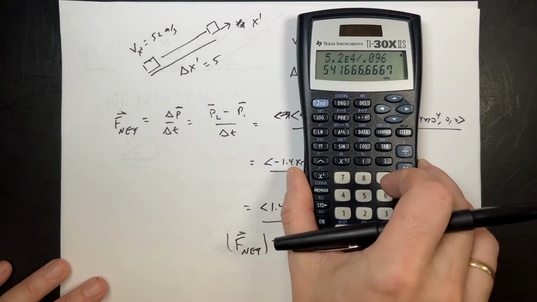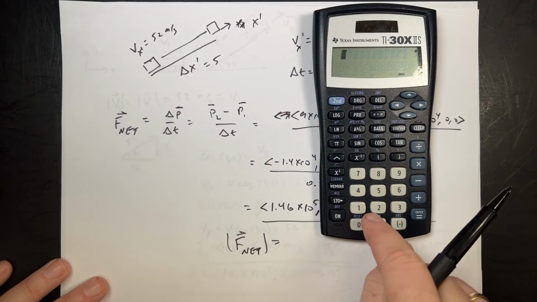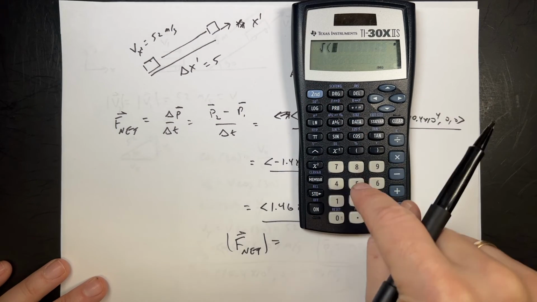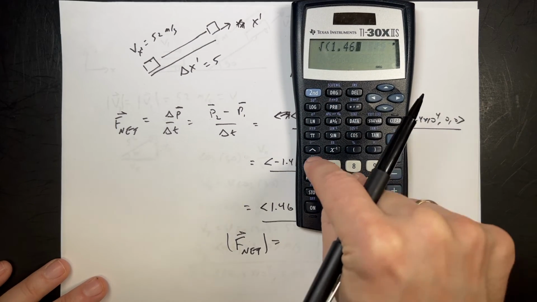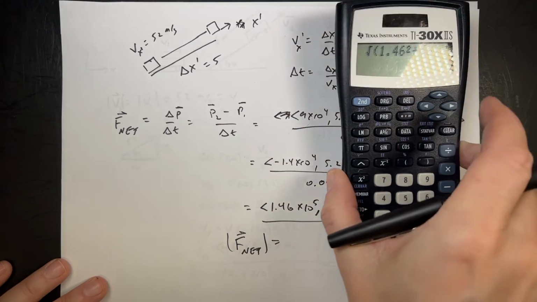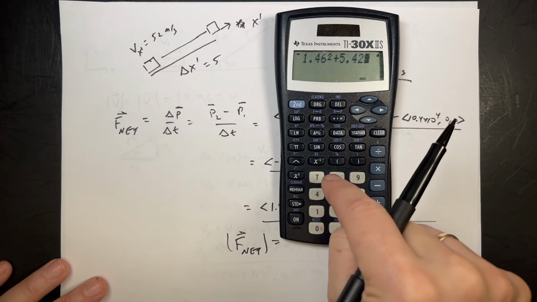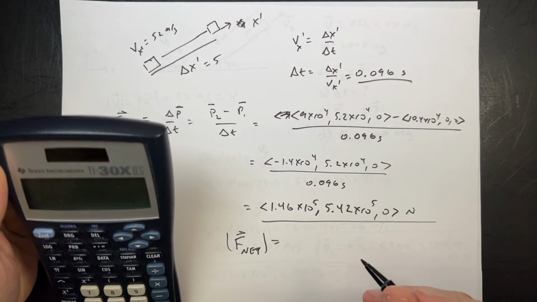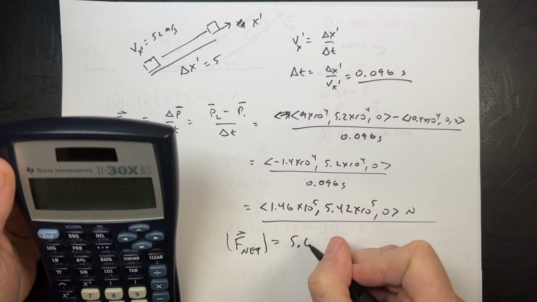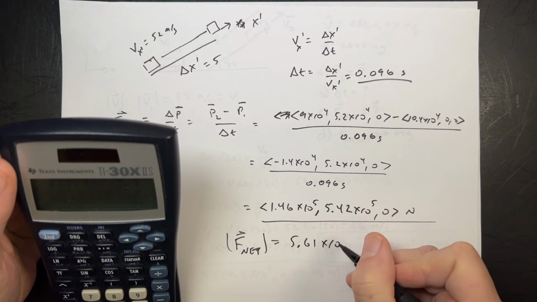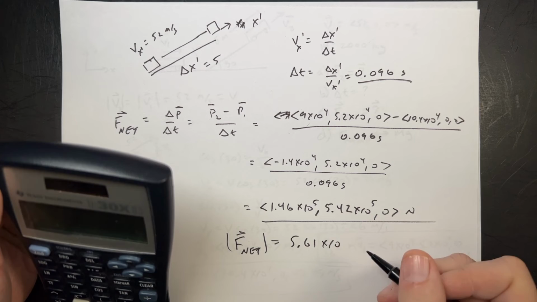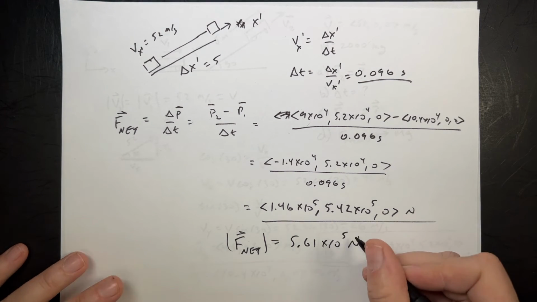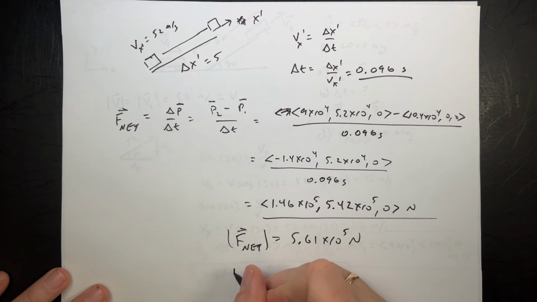It makes it a little bit easier. So it's going to be the square root of 1.46 squared plus 5.42 squared, close parentheses, equals. And I get 5.61 times 10 to the 5th newtons.